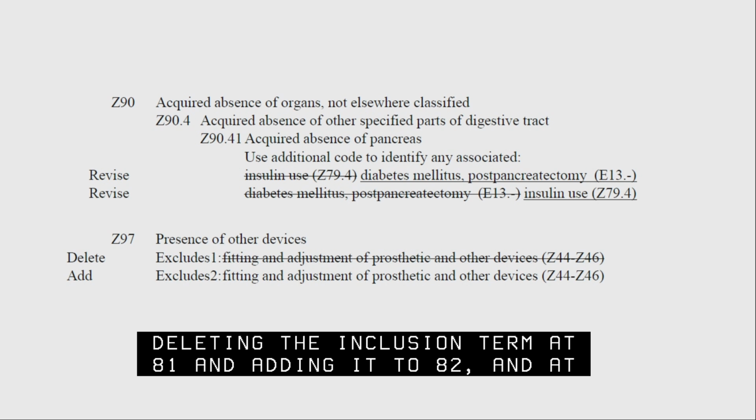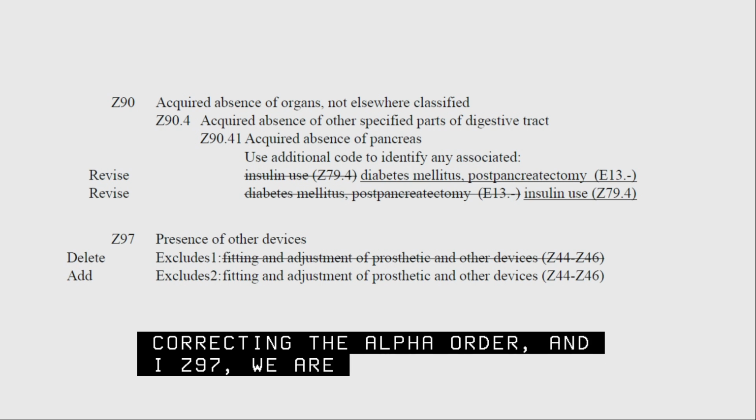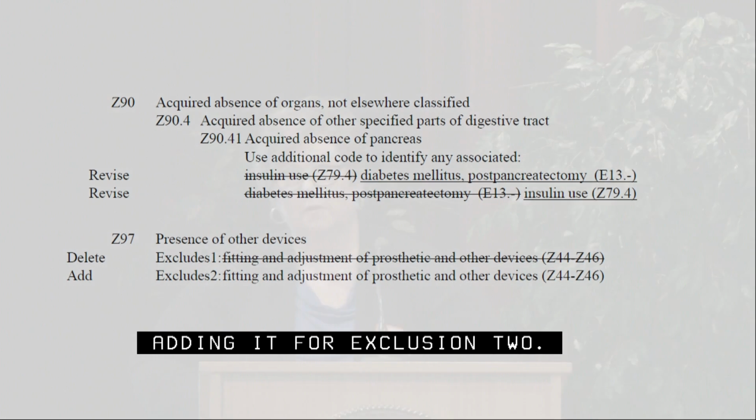And at Z97, we are deleting fitting and adjustment of prosthetic and other devices as exclusion 1 and adding it as exclusion 2. Are there any other questions on the tabular?